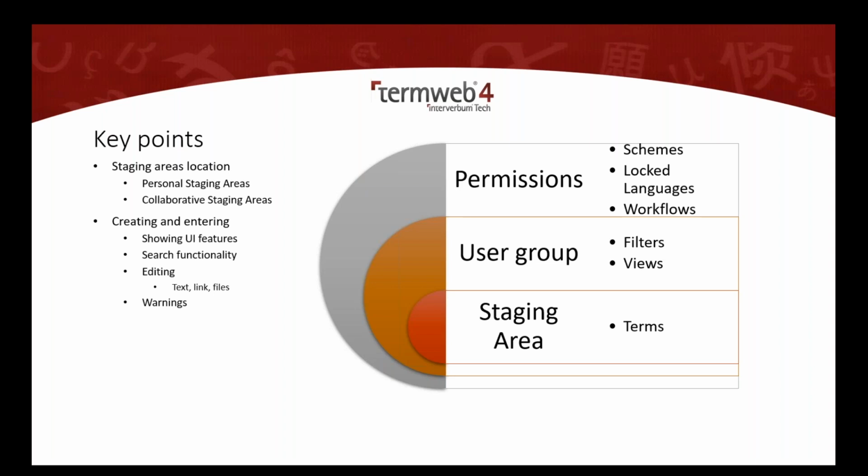This means showing the features available in the UI, such as the search functionality, how to edit text, how to add links and files, as well as any warnings that can show up in the staging areas. This pertains to, for example, changes made in the term base while you have drafts of a term in a staging area.